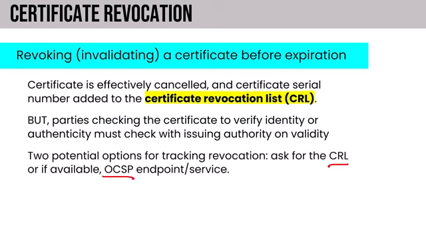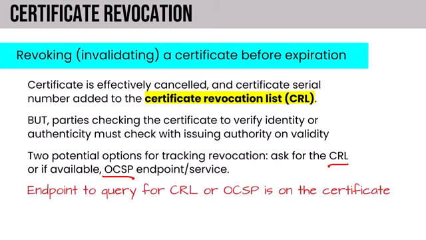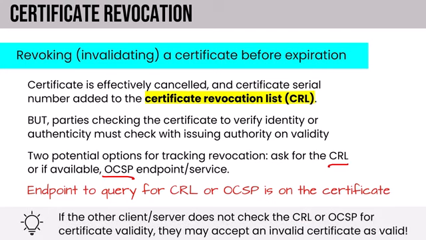Two potential options for tracking revocation are to ask for the CRL, or if available, the OCSP endpoint or service, the Online Certificate Status Protocol endpoint. The endpoint to query for CRL or OCSP is actually listed on the certificate itself. And if the other client or service, again, doesn't check the CRL or the OCSP for validity, they may accept an invalid certificate as valid.